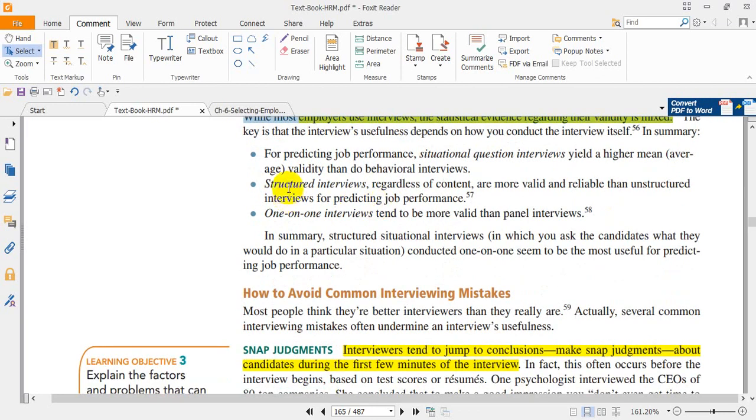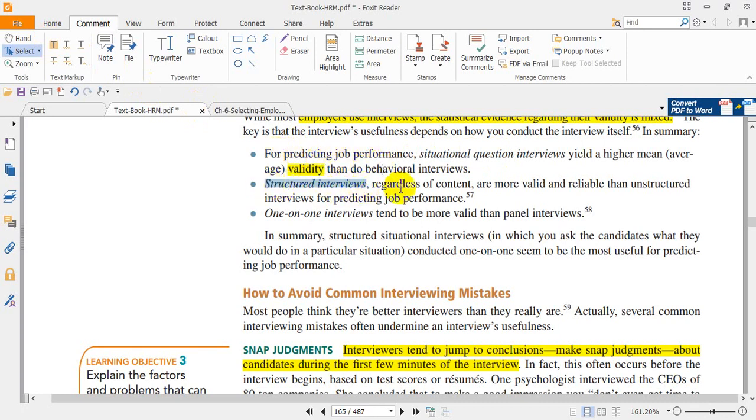In summary, for predicting job performance, situational interviews yield higher validity than behavioral interviews. This is for what? For predicting job performance.